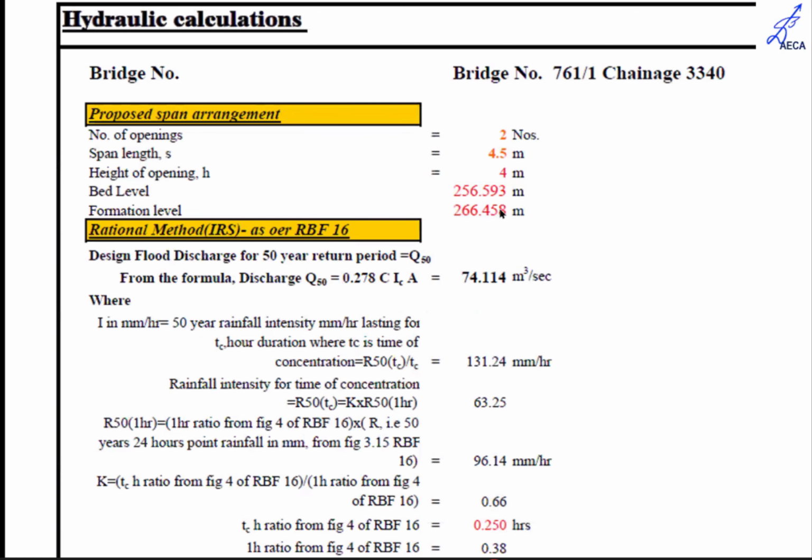So we will discuss these equations further with respect to a particular bridge in our Wardha Nanded line, one of the many small bridges in that line, with two openings, a span length of 4.5 meters and a height of 4 meters.